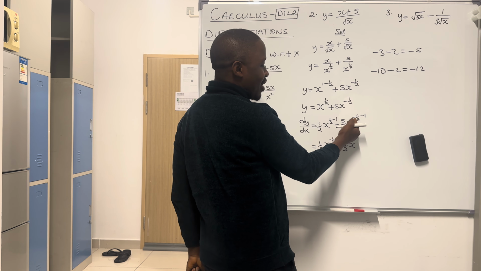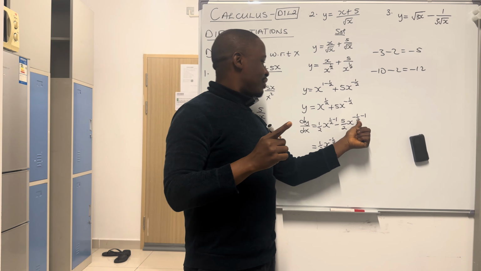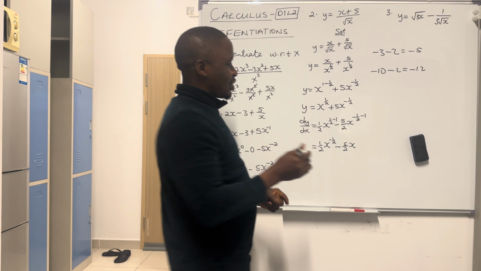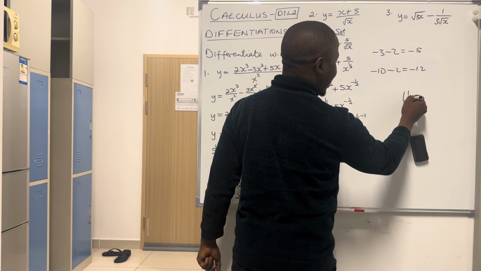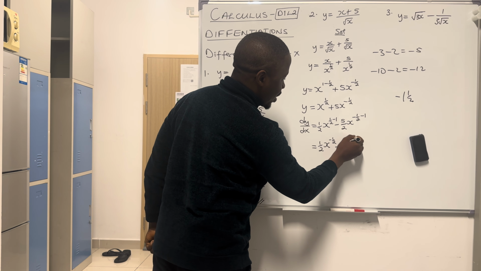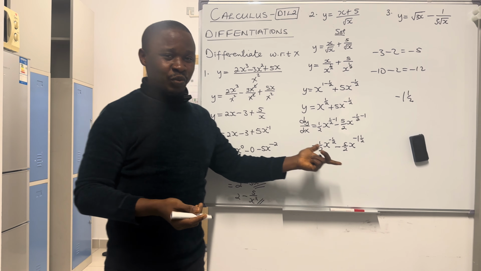When you have one piece of cake and your friend gives you half a piece of cake, you now have 1 and a half. We take the common sign, so we say minus 1 and a half. You can leave it this way, it's okay.